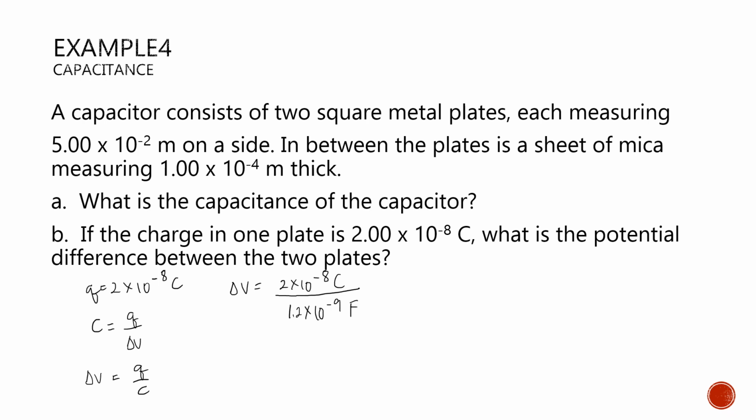So 1 coulomb per farad is 1 volt, since 1 farad is 1 coulomb per volt. So the resulting unit is volts: 16.67 volts.